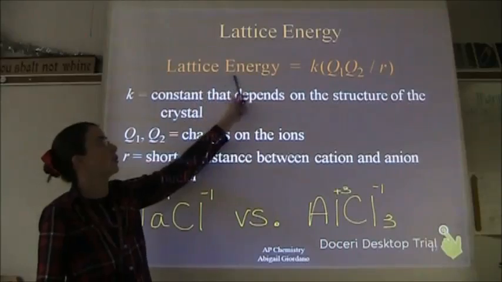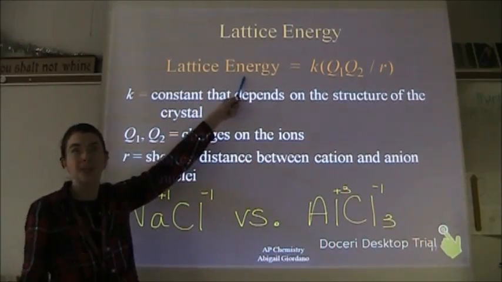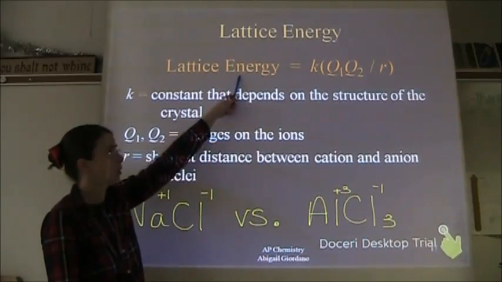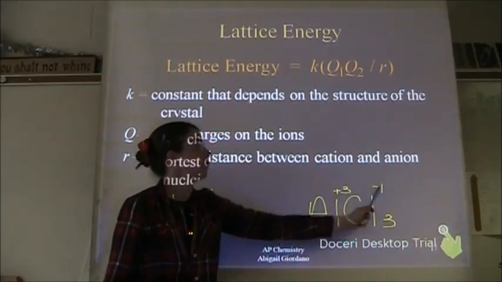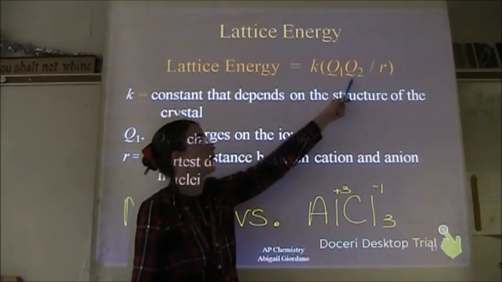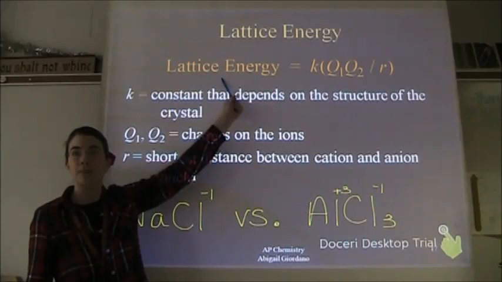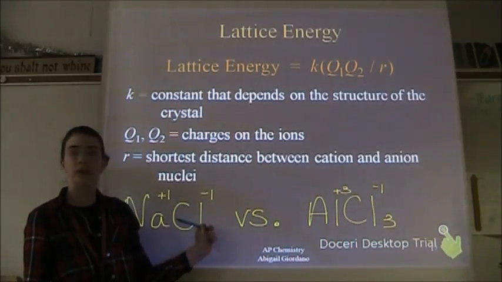What kind of an answer am I going to get here? Something negative. And I should. We said all lattice energies are exothermic. Okay. What if I plug in these values here and here? Am I still going to get a negative answer? Yep. Will it be more negative than this one?